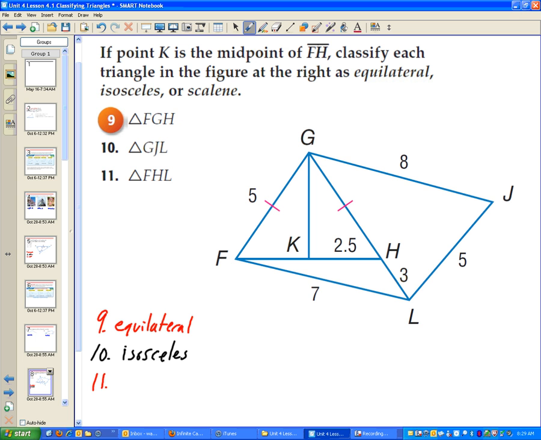And then for number 11, F, H, and L are the vertices. And what do we have? Scalene, because FH is 5, HL is 3, FL is 7, no congruent sides, scalene.